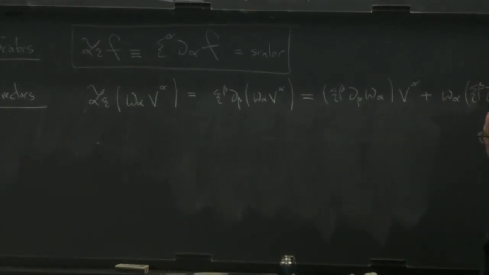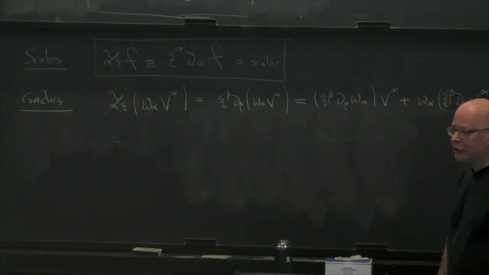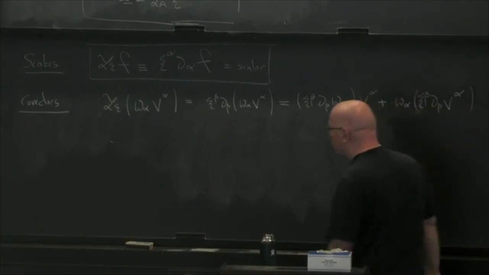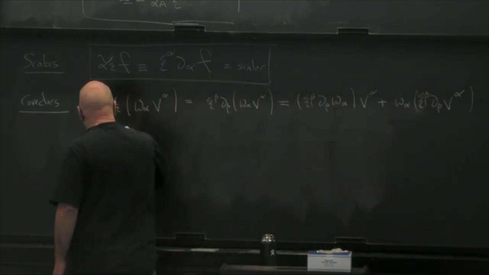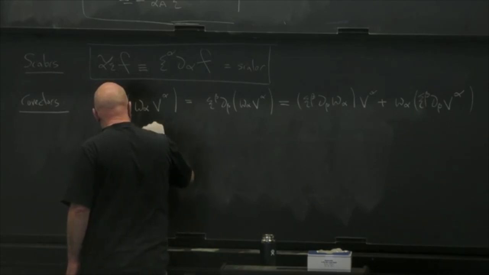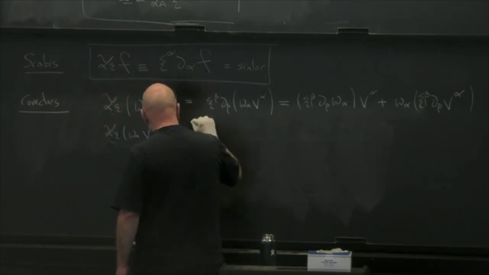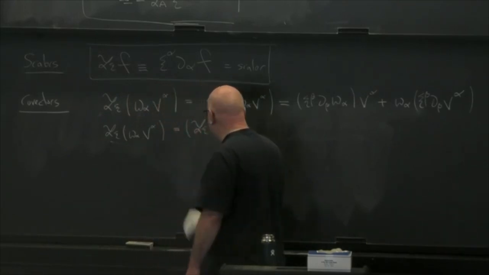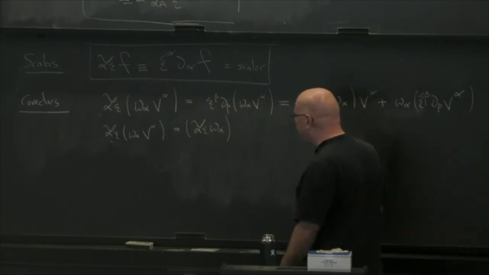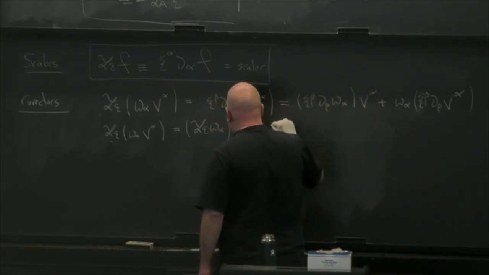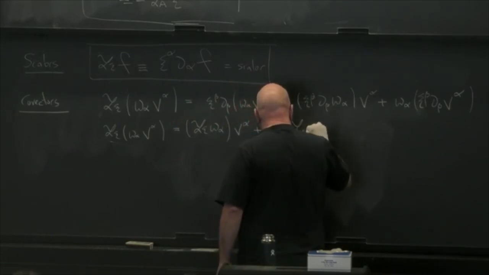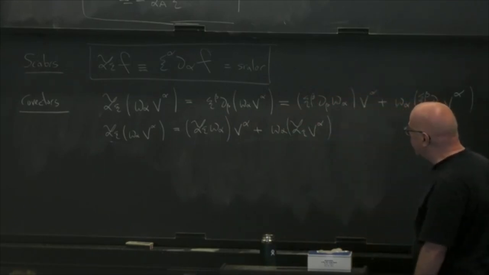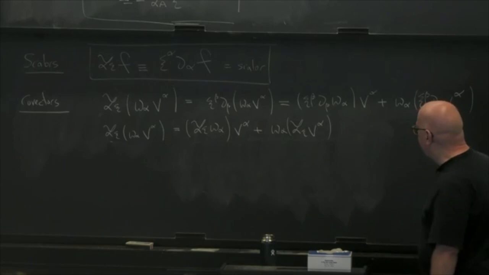And that's just saying that the Lie derivative acting on a scalar is just the ordinary derivative, and that certainly obeys the Leibniz rule. And then we're actually going to implement the Leibniz rule for the Lie derivative itself by saying that the Lie derivative is going to factorize this way. So first we're going to have the Lie derivative acting on omega, and then we're going to have the Lie derivative acting on v. And that I can make more explicit using the result that we have yet to derive.